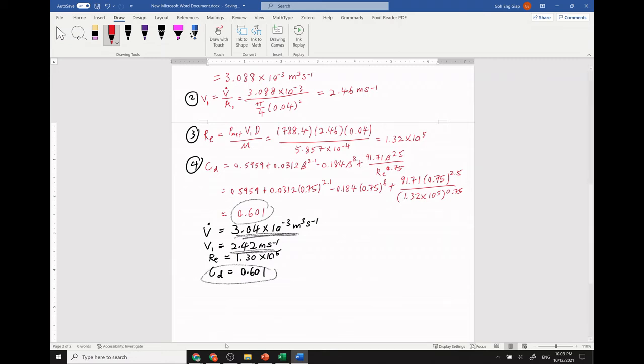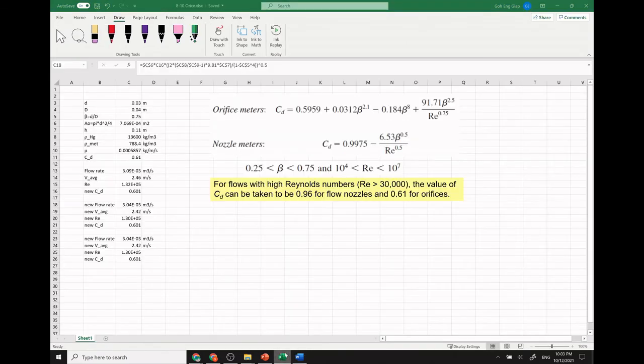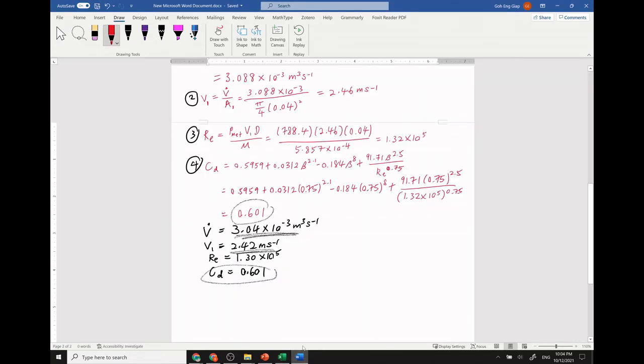Similarly, if you repeat here, you can also see this. So if we get this value 0.601, which is same as the CD before, so we repeat the calculation again, we still get the same answer. Okay, so if you repeat again, you will still get the same answer.